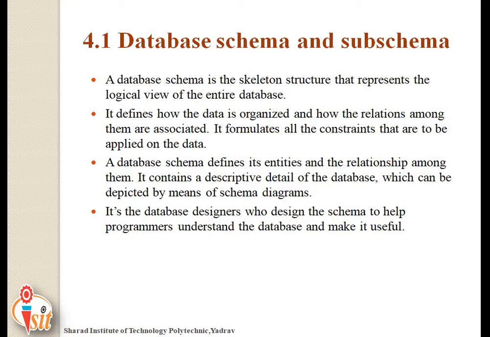Also, in the relational database model, there are various concepts like attribute. What is an attribute? You all know that each column in a table is nothing but an attribute. Attributes are the properties which define a relation. For example, student, roll number, name. These are the columns of the table that are called attributes. Then table.